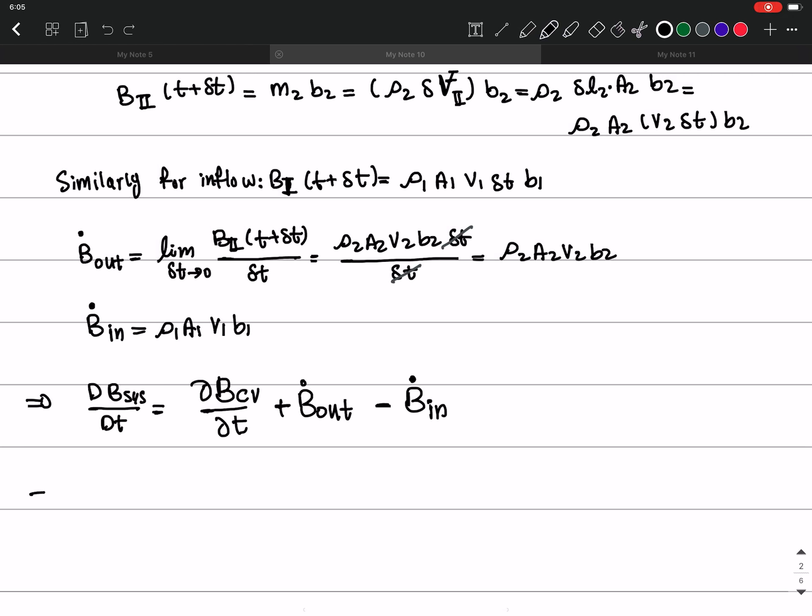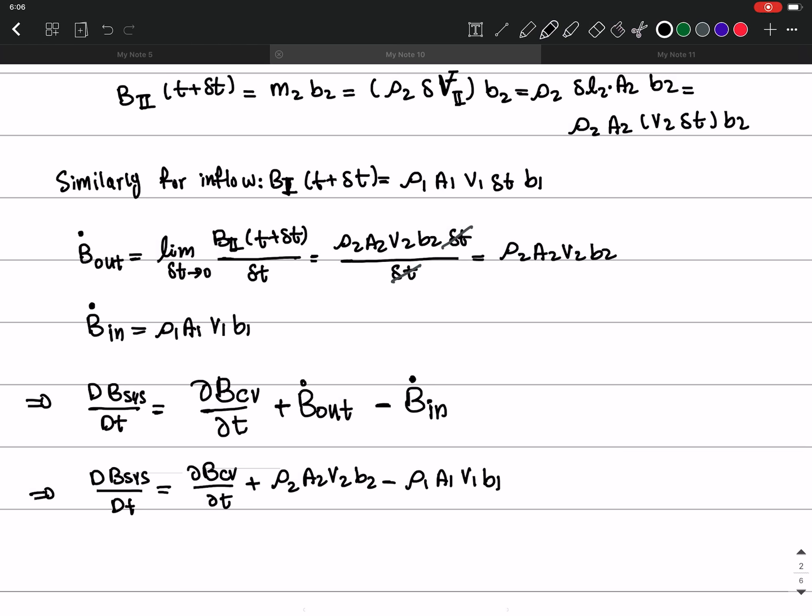So the total derivative of B in the system with respect to time is the partial derivative of BCV with respect to time plus rho 2 A2 V2 B2 minus rho 1 A1 V1 B1.